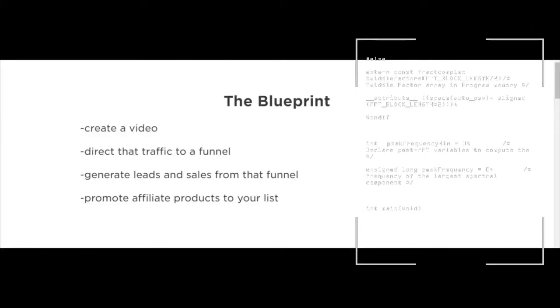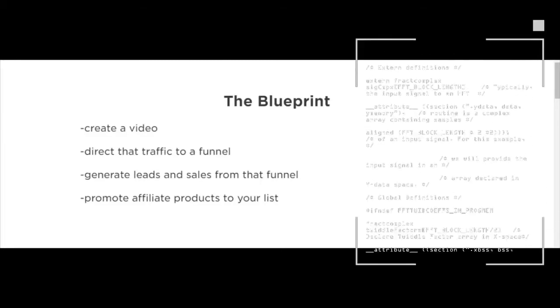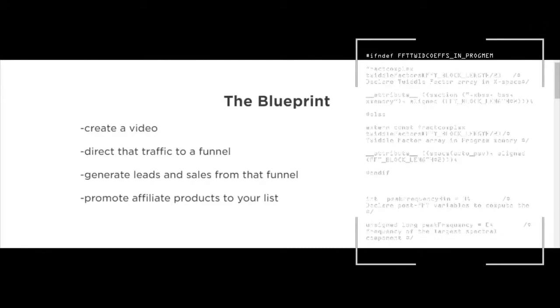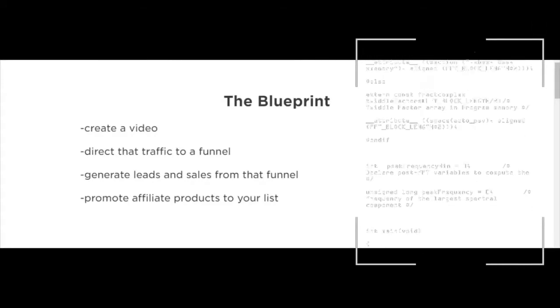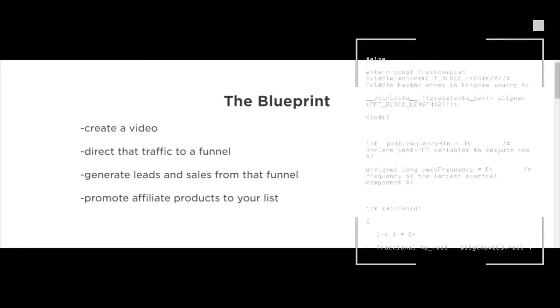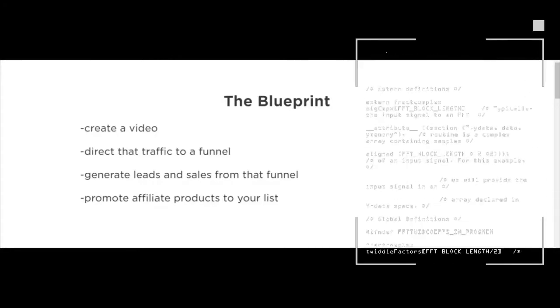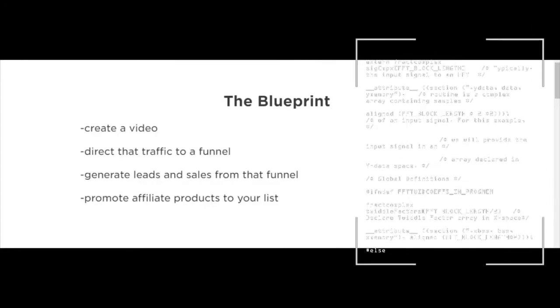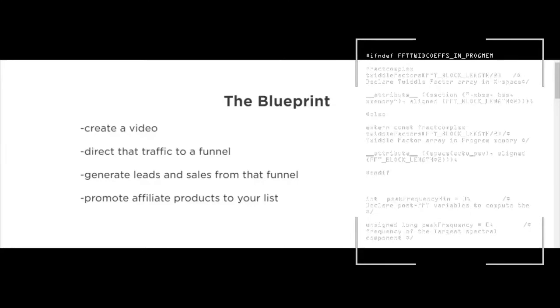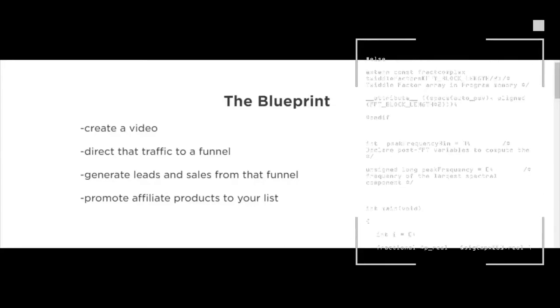The next thing that you want to do is to direct that traffic to a funnel. So in the description field of your video, you're going to want to put a link to your funnel. Okay, if you don't know what a funnel is, it's basically a process that a lead or a customer goes through.